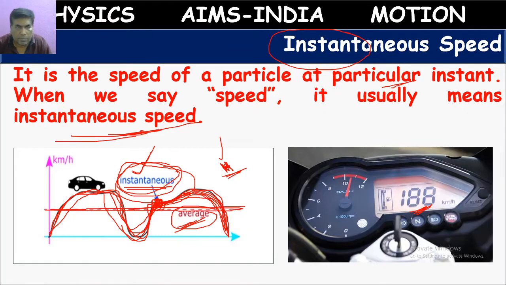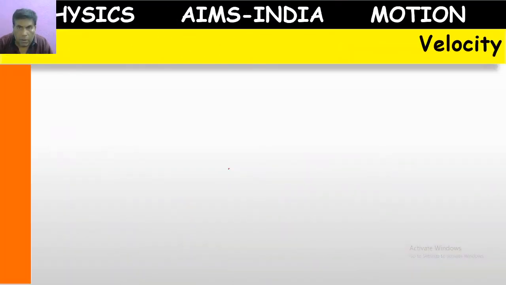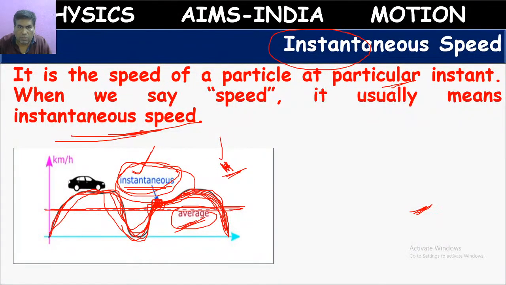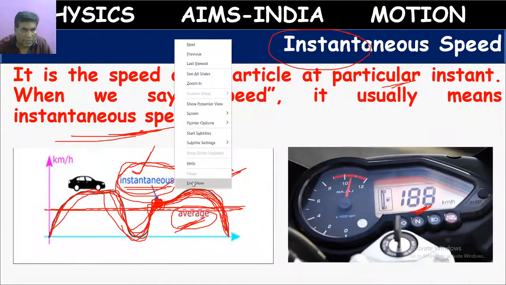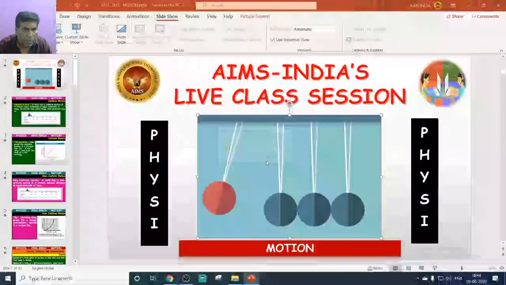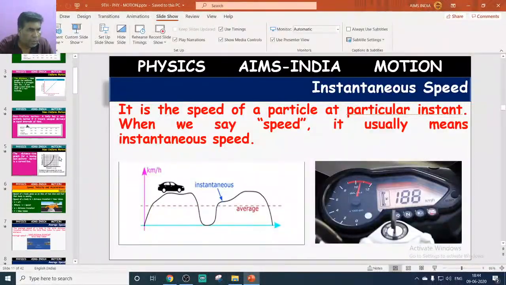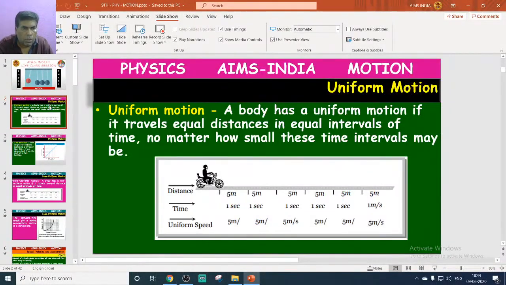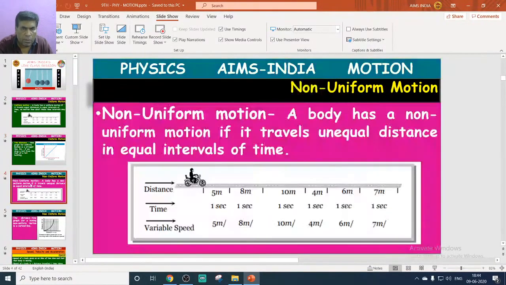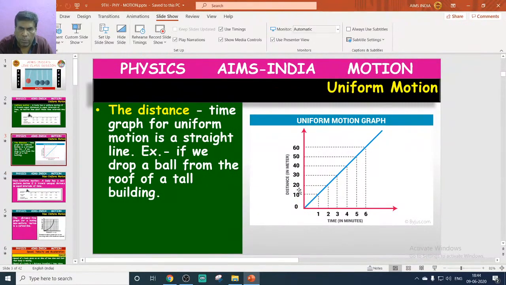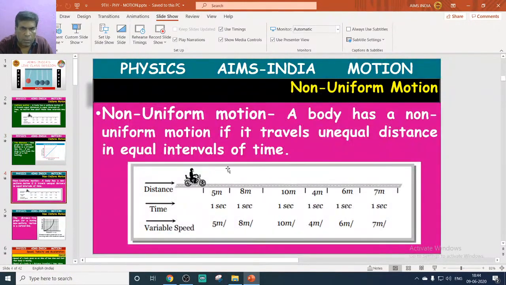Next, about velocity, we will learn in the next topic. So today we have learned about uniform motion. This distance-time graph shows uniform motion.